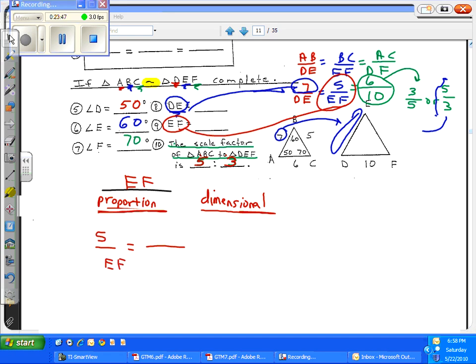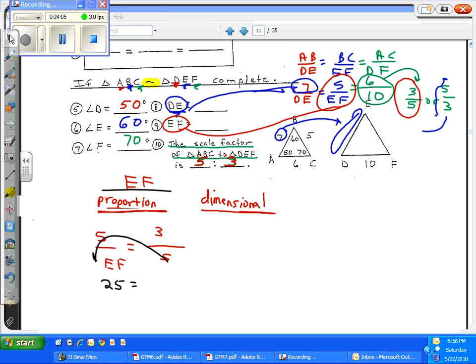So the ratio with EF in it is 5 over EF. Now we analyze a bit. That's going from little triangle to big, so we've got little over big. So we're going to use the little over big version of our scale, because if we're going to set up a proportion, we say little over big equal little over big.